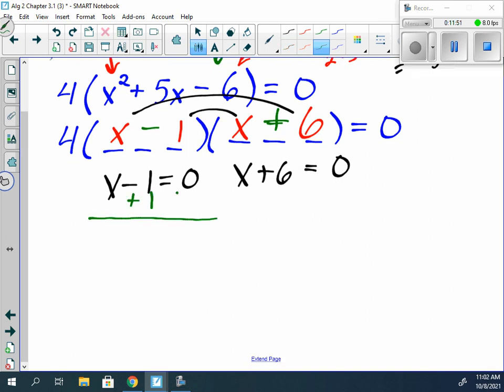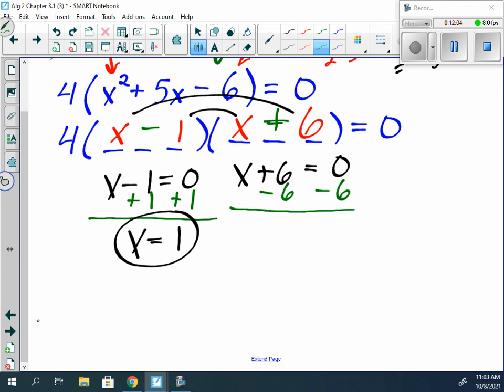So at this point here, we can add 1 to both sides, which tells me x is equal to 1. And over here, we would subtract 6 from both sides, telling me x is equal to negative 6.